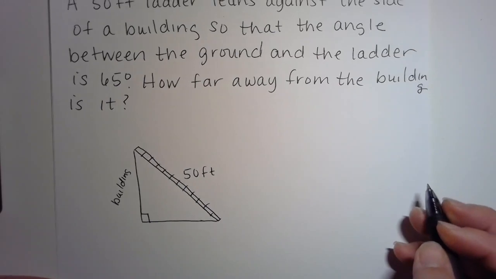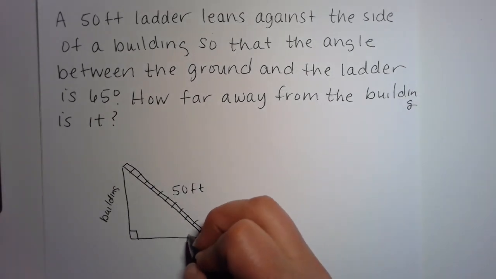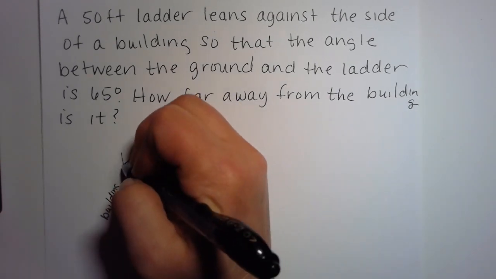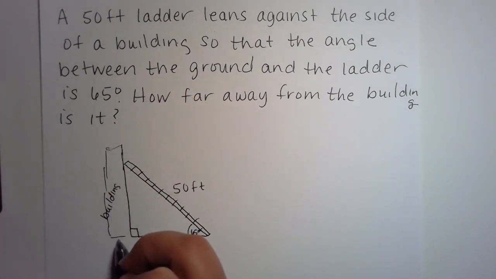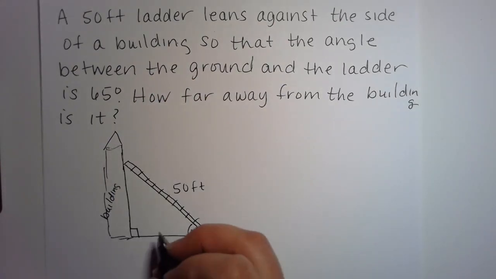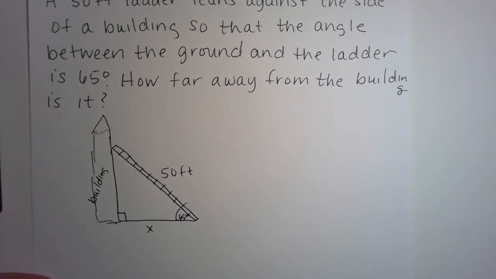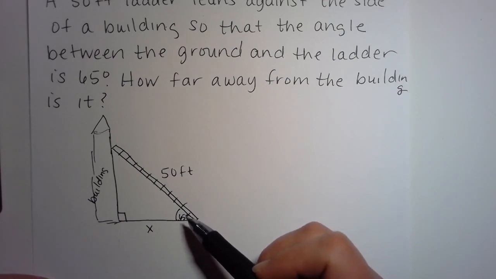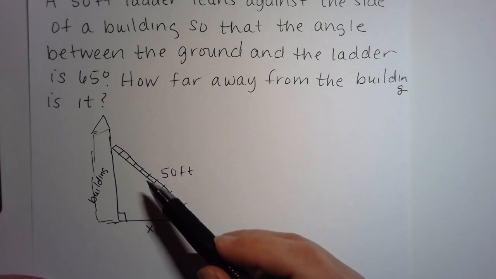All right, and I know that it says the angle between the ground and the ladder, so that would be this angle here. This is 65 degrees. Now the building up here, it's actually taller than this. Maybe they're working on a window at that height or something. But here's the building, okay? So we want to know how far away from the building is this? And that would be this side over here that I'm just going to call x, okay? So I have this angle, this is the adjacent side that I want to find, and I know the hypotenuse.